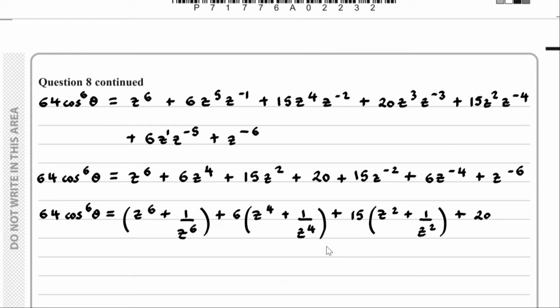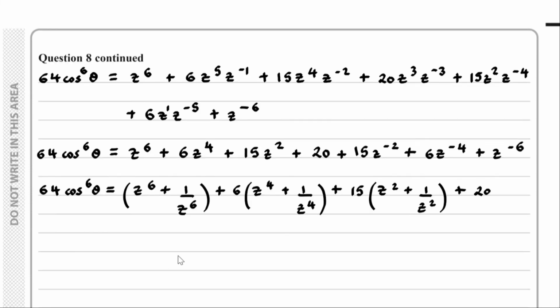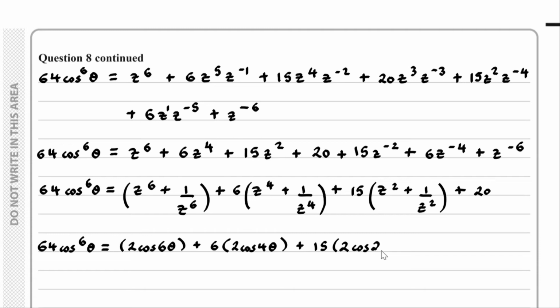So now if I use the fact that z to the n plus 1 over z to the n is equal to 2 cos n theta, what we have then is 64 cos theta to the 6, and that's equal to 2 cos 6 theta plus 6 multiplied by 2 cos 4 theta plus 15 multiplied by 2 cos 2 theta plus 20.